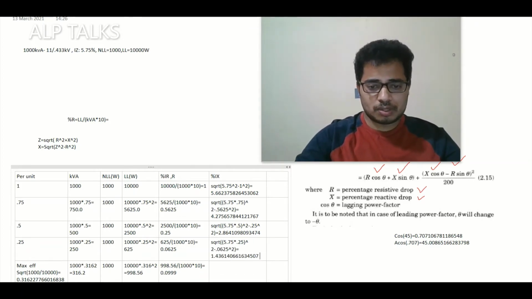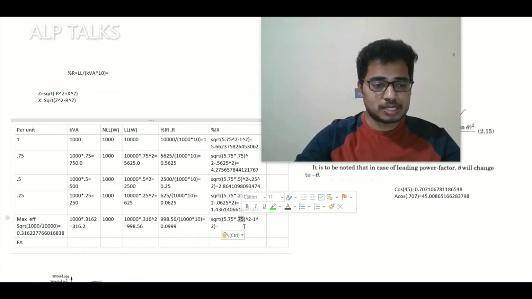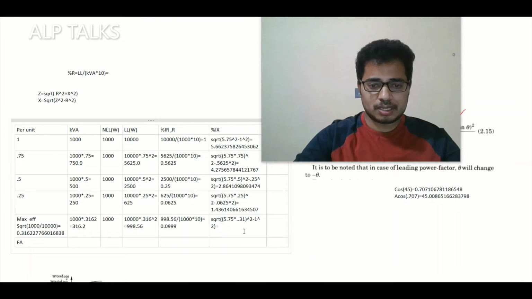So now we got the reactance contribution. Similarly, let's calculate for the maximum efficiency case. Here the reactance is 31.6%, so let's take 31%. Here 0.099 is the resistance contribution. So we got all the values now.